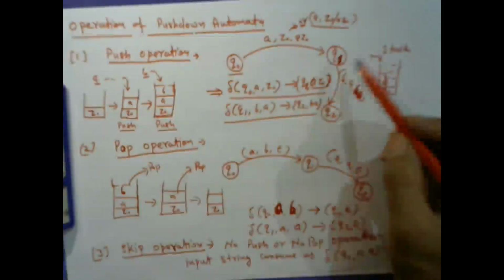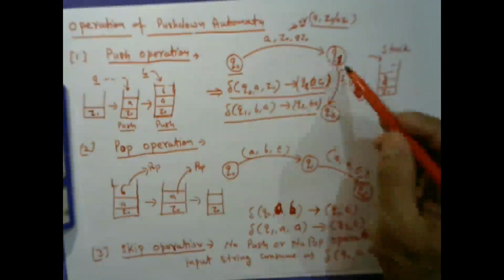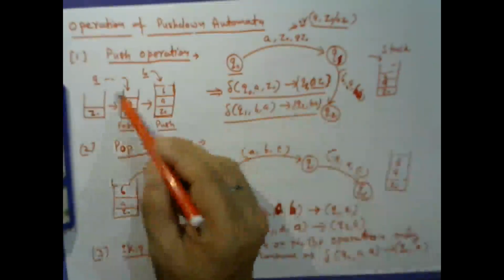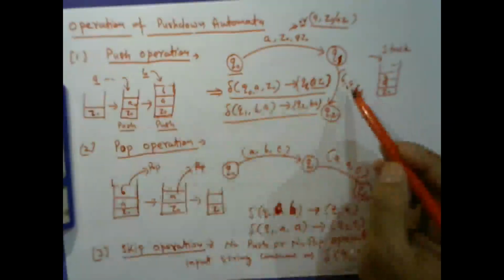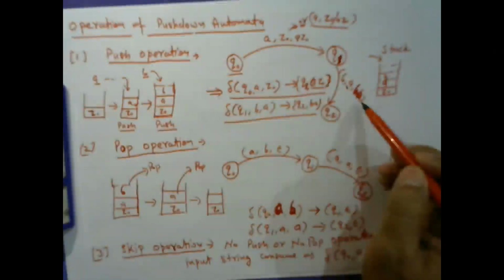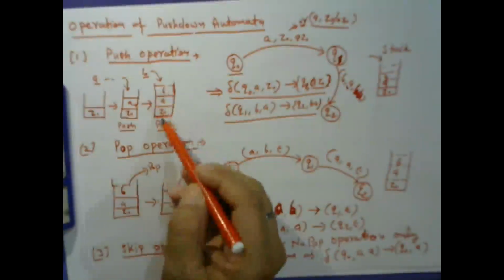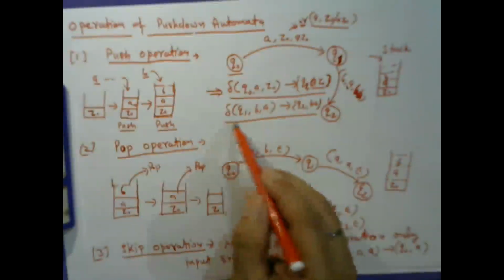Similarly, if we are in the Q1 state, B is the input, and the stack top is A, and we want to push B inside the stack. How do we write the syntax?